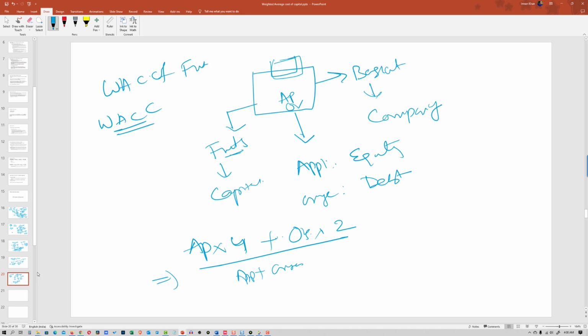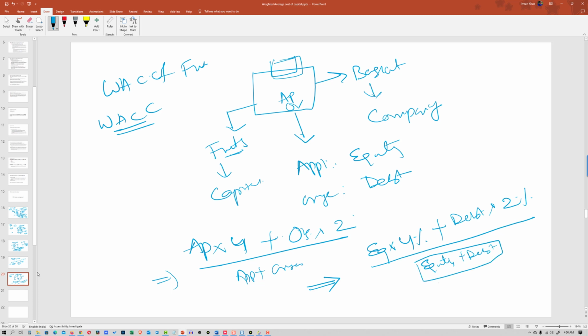Now, if I take this same example, instead of apples, I'm going to write equity into, let's assume for a moment that 4% is our cost of equity, plus oranges, which is my debt, into, let's assume 2% is the cost of debt, divided by equity plus debt. Or I can write this as total capital. So what we have just derived is the weighted average cost of capital.